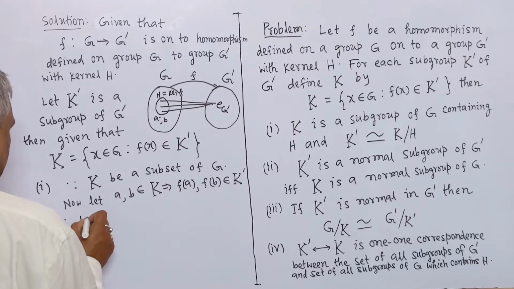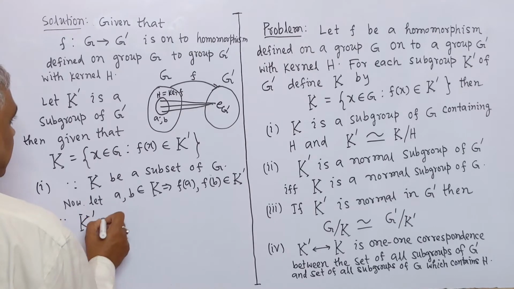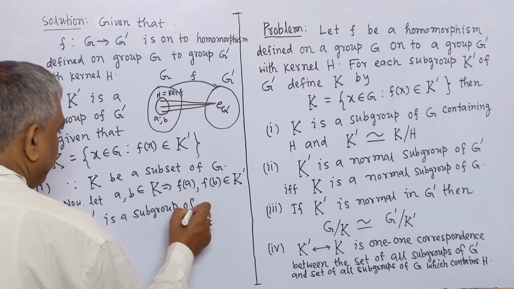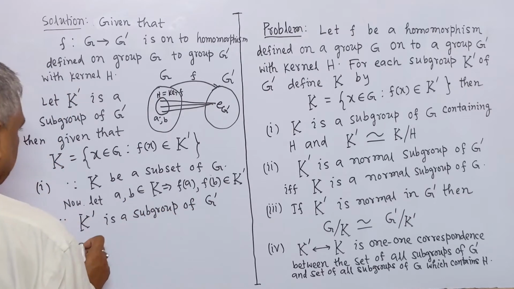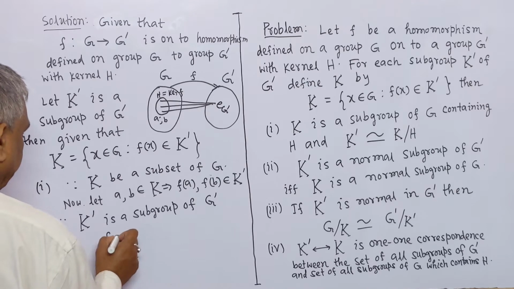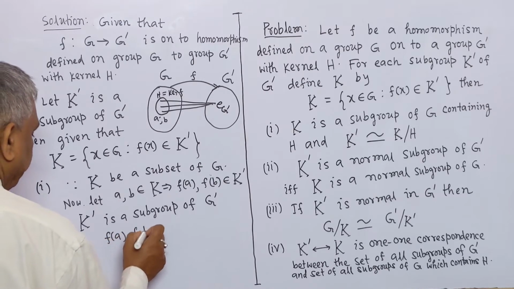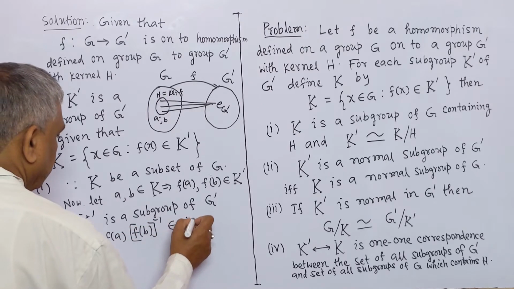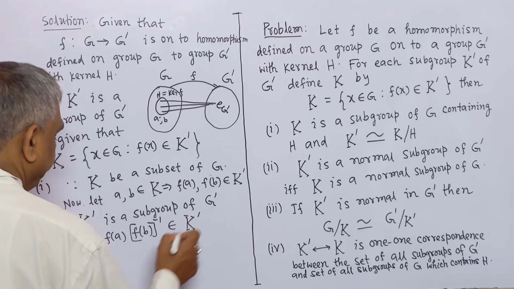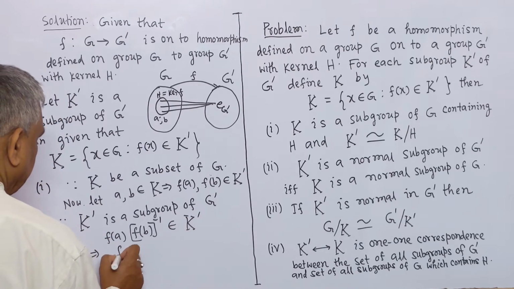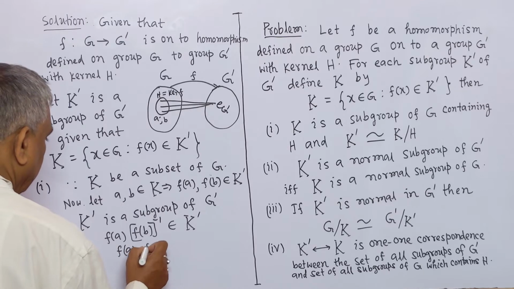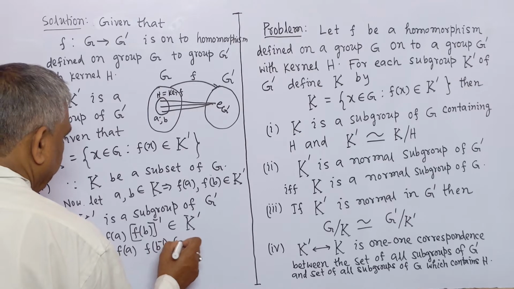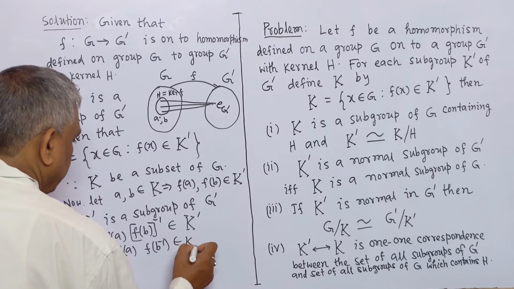Since K prime is a subgroup of G prime, this implies that F(a) F(b) inverse belongs to K prime.